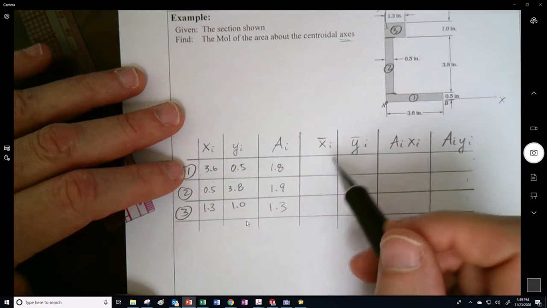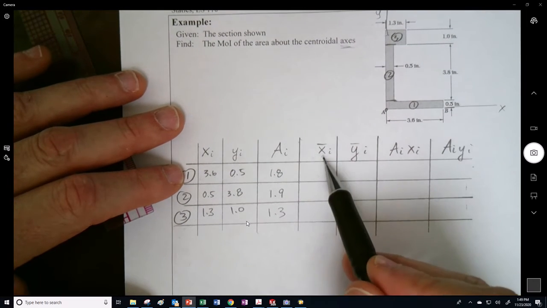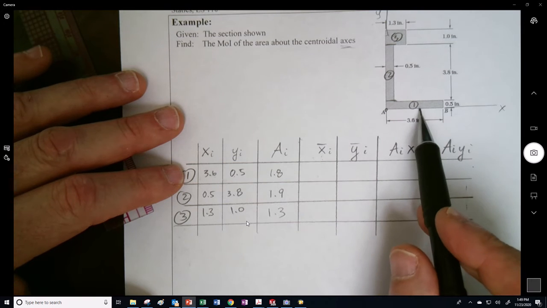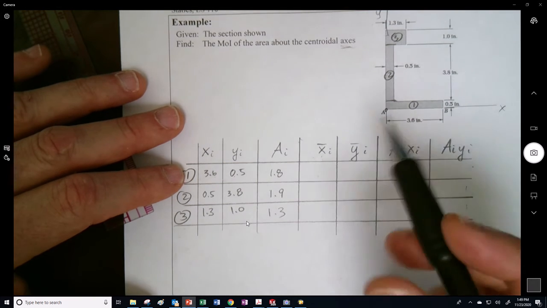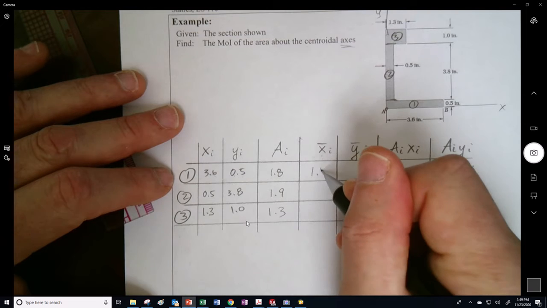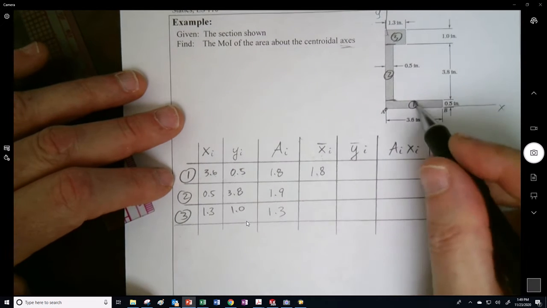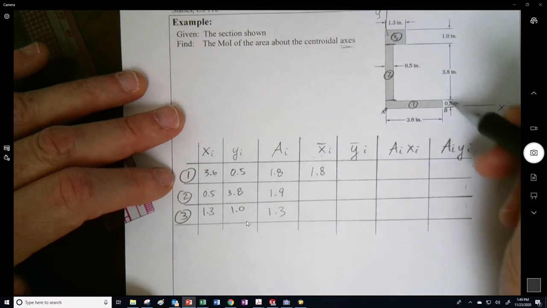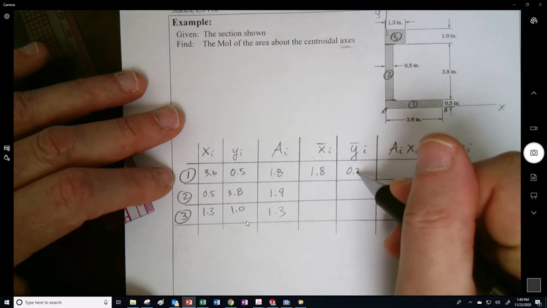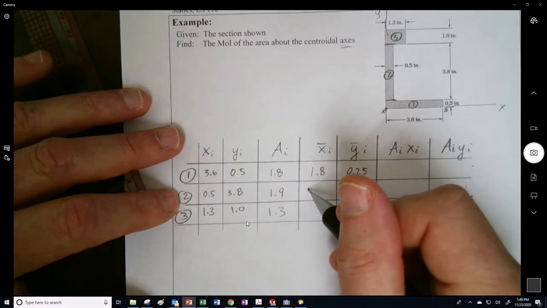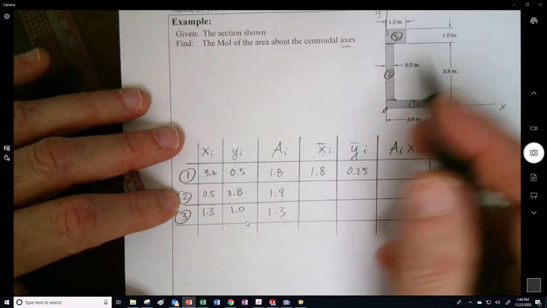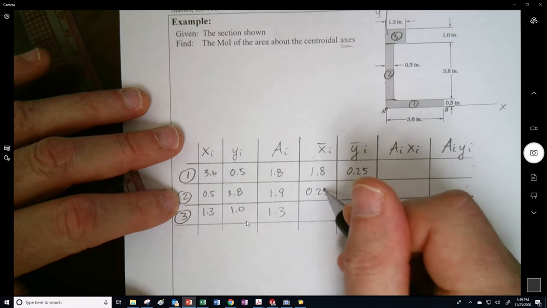What I want to do, I need to write down the x-bar values. The x for part 1 is 1/2 of that 3.6, so that's 1.8, and 1/2 of the 0.5, so that's the distance right here, 0.25. Same thing up here. This is 1/2 of this, 0.25.